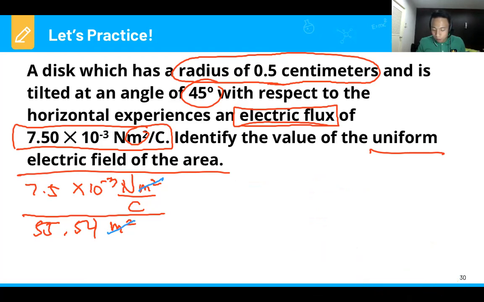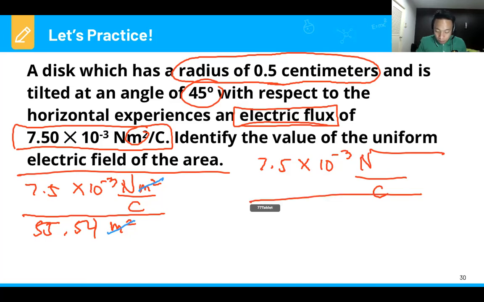Pause. Yan. So I will copy here 7.5 by 10 negative 3 newton meter squared over C. Ano? Tapos na pala yung Newton. Tapos na pala yung meter squared.